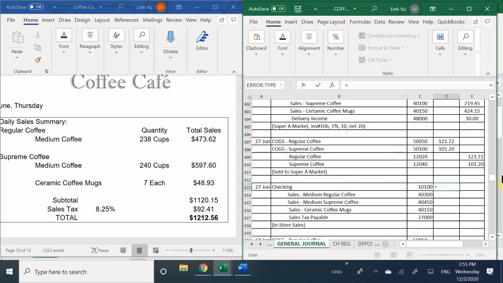So then we're going to look at our invoice here and see that our regular medium coffee is going to be the $473.62 on the credit side. Okay, hold on. 473.62.